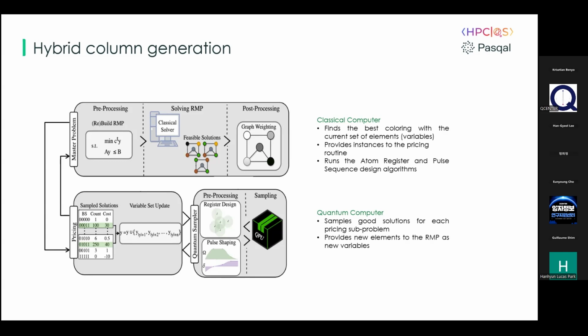Behind that, there is a subproblem, what's typically called a pricing subproblem, that is tasked with identifying new scenarios, identifying new colorings that allow the reduced master problem to find a better quality solution.